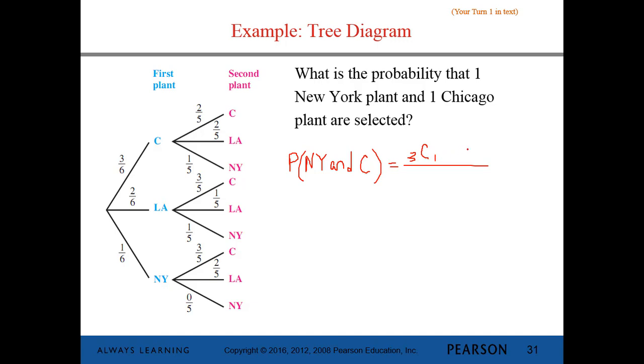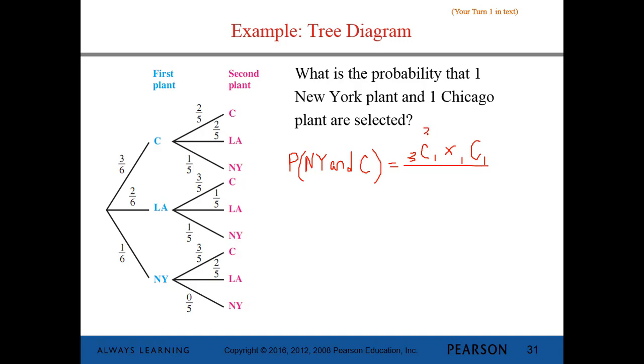And then of the 1 New York, we're going to choose 1. And then the multiplication principle says, let's multiply these together. So this is going to be the total ways of getting 1 from Chicago and 1 from New York. And so what is this?